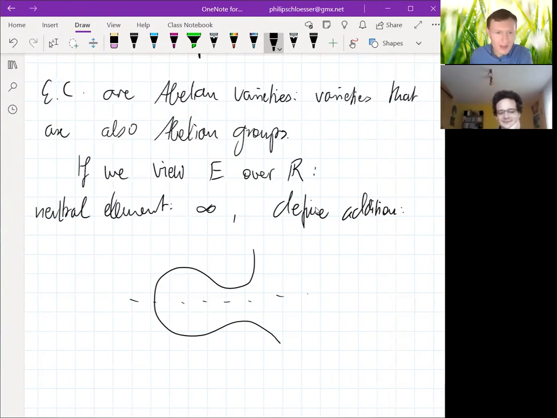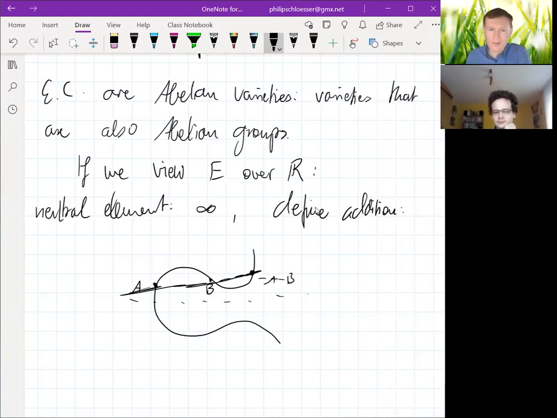Now if we have two points, A and B, then we define the addition in such a way that the points A, B, and minus A minus B always lie on the same straight line.